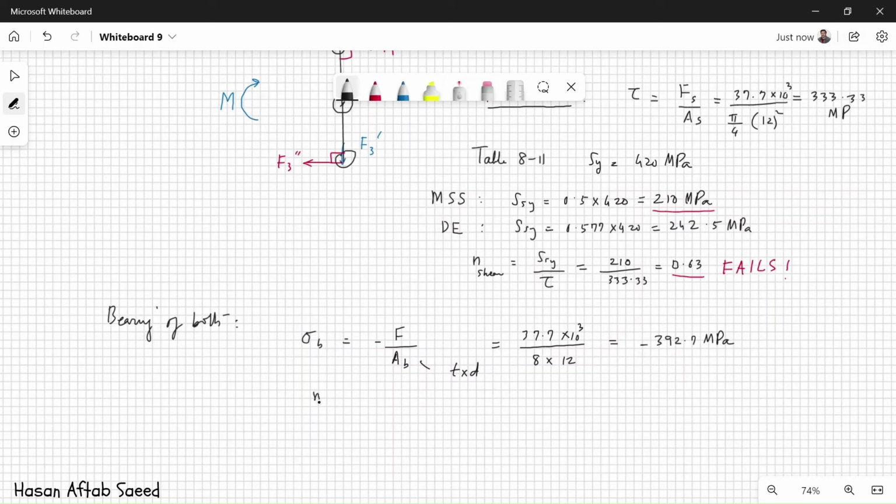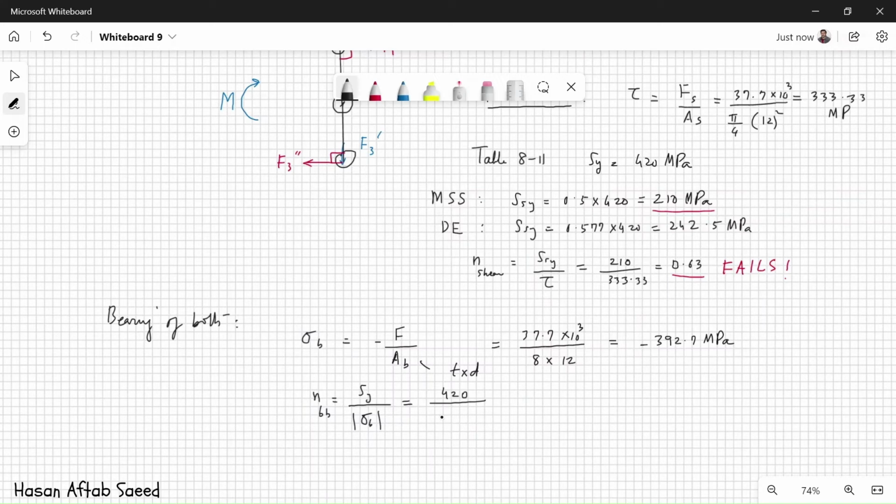And then the factor of safety for the bolt is, now let me specify it by using bearing of bolt. In this case, the yield strength we just found out will be 420. We are not going to halve this this time because we are not concerned with the yield strength in shear now. We are concerned with the yield strength, compressive stress being a normal stress.